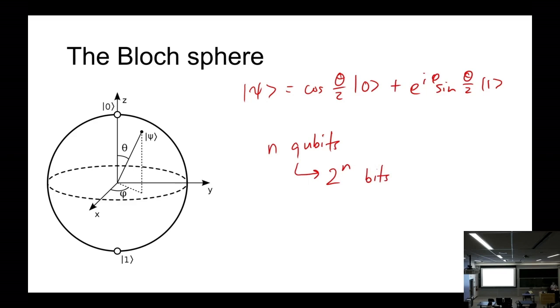Because let's think about 2 bits, 0 and 1. I can have 0, 0, I can have 0, 1, I can have 1, 0, or 1, 1. And 2 qubits could take on all of those values at once. So 1 qubit can take on the value of 2 bits, 2 qubits can take on the value of 4 bits, and in general, n qubits can take on the value of 2 to the n bits.